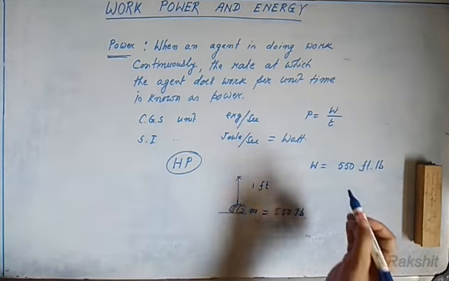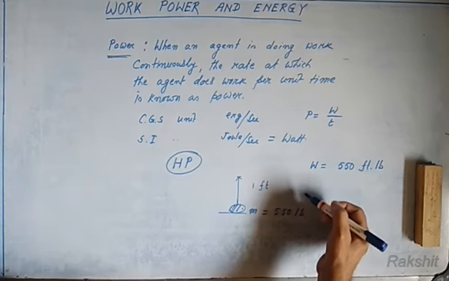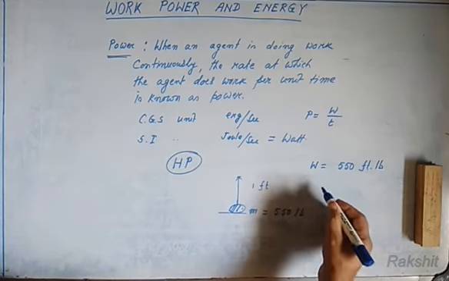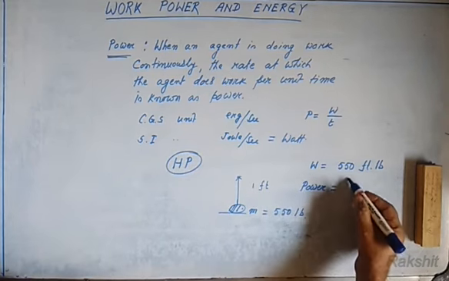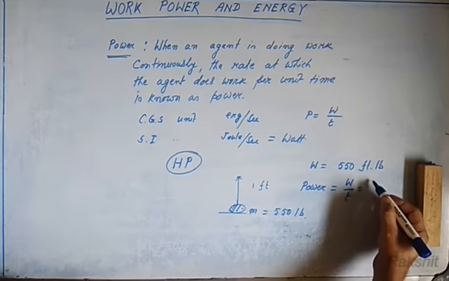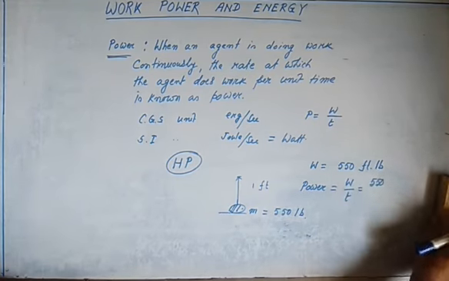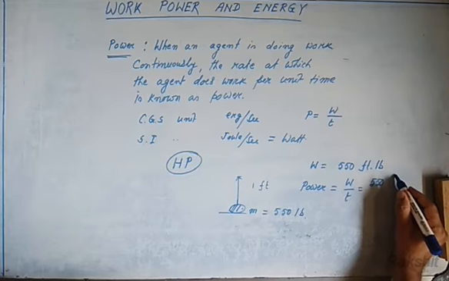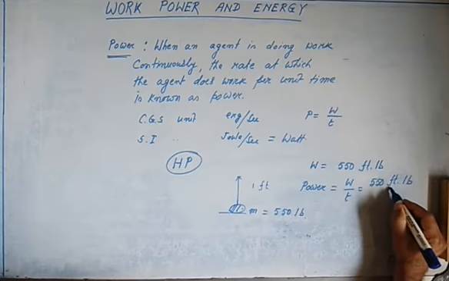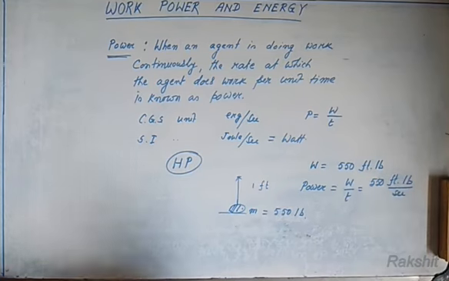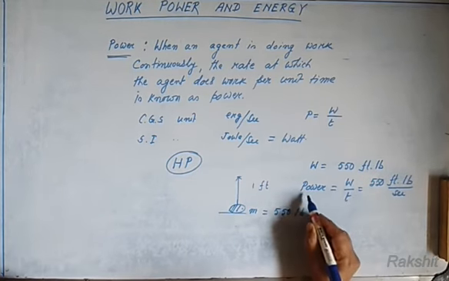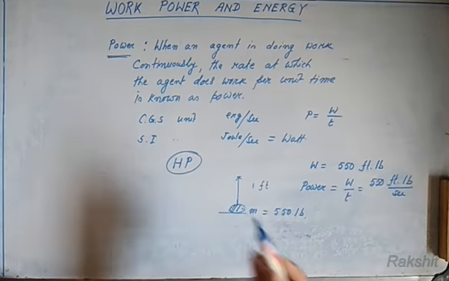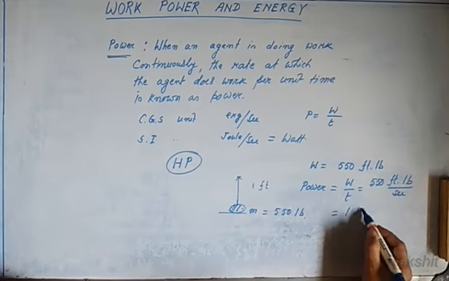And if this work is performed within 1 second, then the power is equal to W by time, which is 550 foot-pound, not foot-poundal, foot-pound per second. So power is equal to 550 foot-pound per second. And this power of that external agent is known as 1 HP.